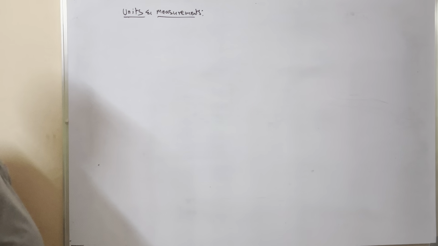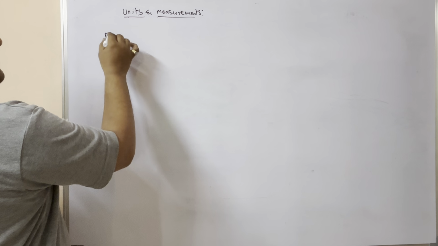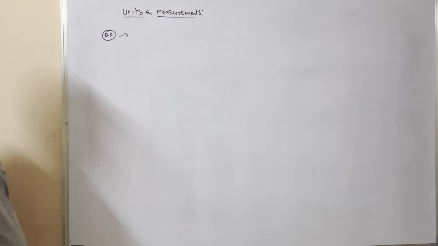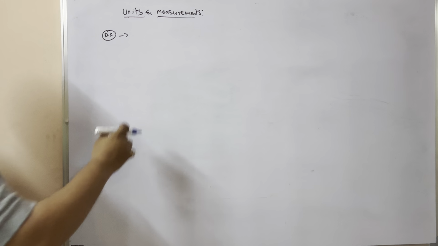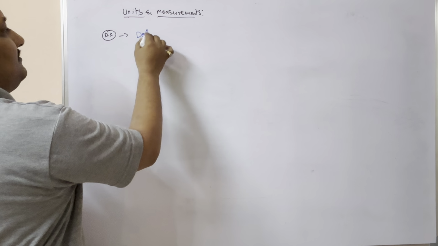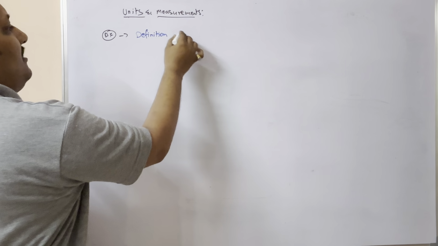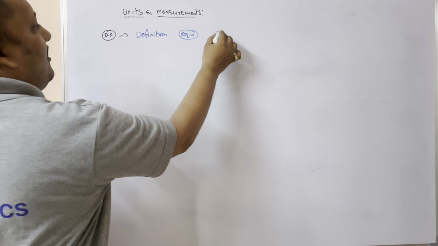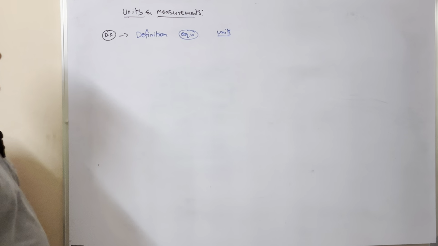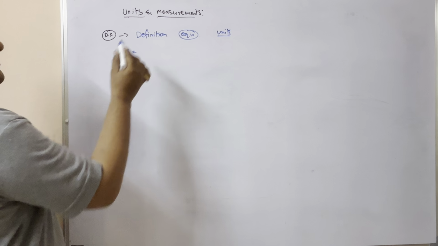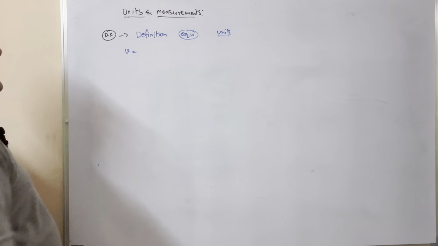So units and measurements, in this first we will discuss dimensional formula. Any dimensional formula you can write if you remember either the definition or equation or units. Let us assume the velocity dimensional formula. Velocity's definition is distance by time.